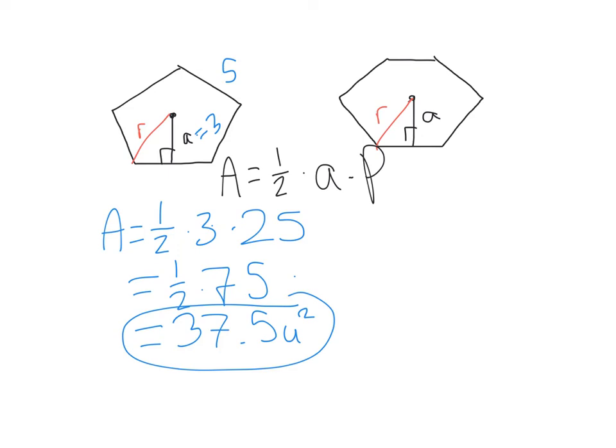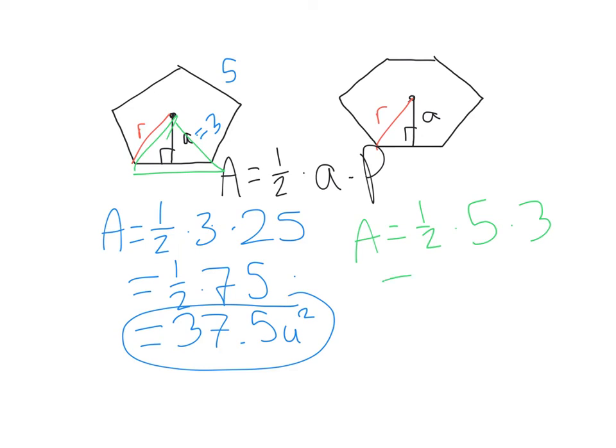Okay. So let's say I just want to find the area of this one triangle. That guy right there. Outlined absolutely terribly. Okay. So let's say I want to find the area of that one triangle. Well, area is going to equal 1/2 times my base, which is 5, because that's the side length, times my height, which is my apothem.